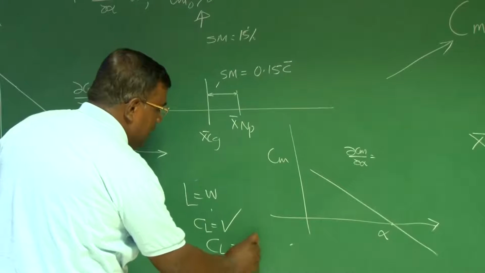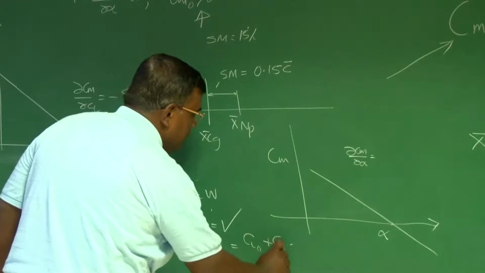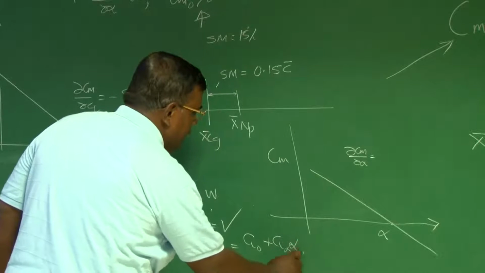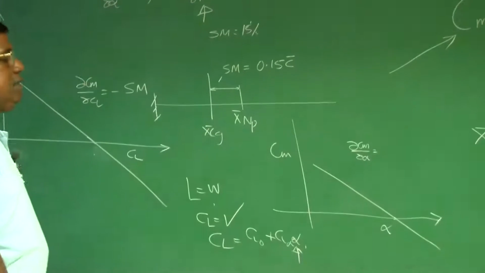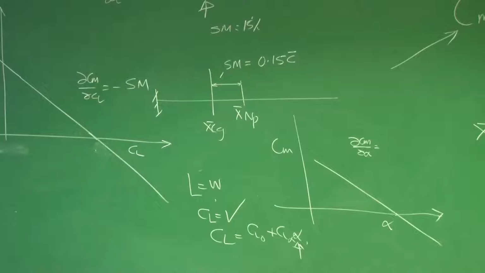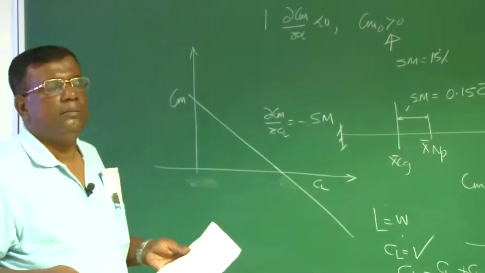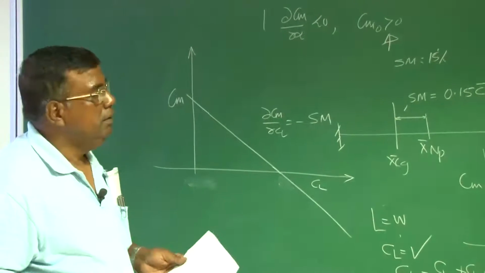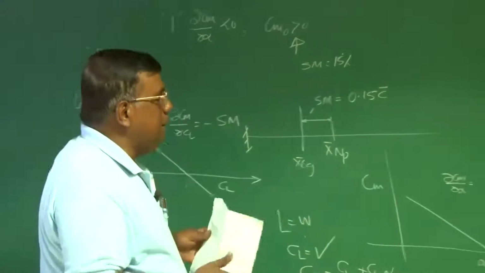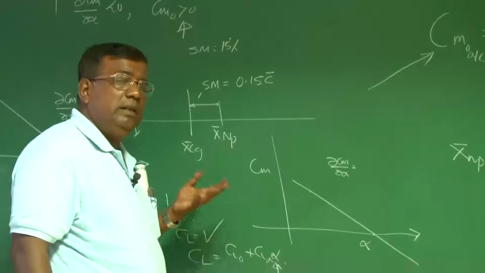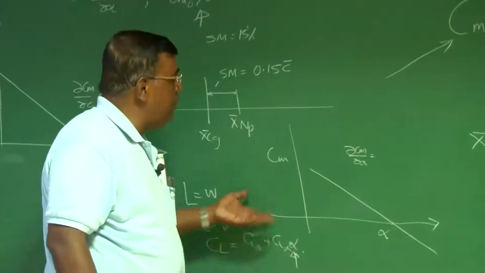Then I write CL equal to CL naught plus CL alpha into alpha, so I can get alpha. Please understand, during the conceptual stage, you are assuming that all the lift is coming from the wing. But we know in actual practice, some lift will come from the fuselage, some from the tail. But at a conceptual stage, because the wing dominates as far as lift is concerned, I do this approximation.